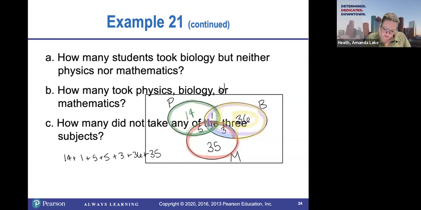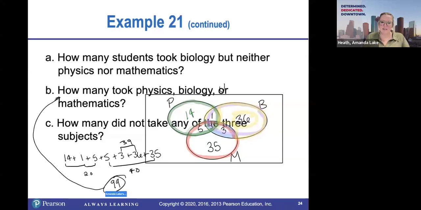If I try to do this efficiently, that's 40. These three together give me 20. And then I have 39. So I've got 20 plus 40 is 60 plus 39 is 99. So 99 total took physics, biology, or math.